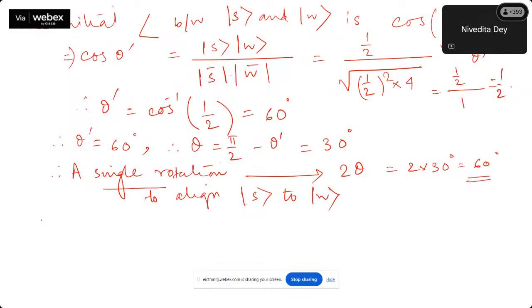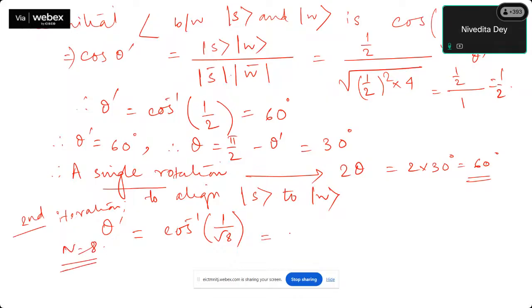Now say in the second iteration, you have some theta bar, and with a similar formula we'll get maybe cos inverse of 1 by root 8, considering n equal to 8.